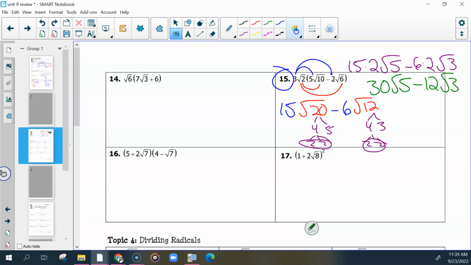We cannot combine those. Questions about that, how we got it, the process, the answer, anything like that? If you got lost anywhere, that would be a good time to ask questions.